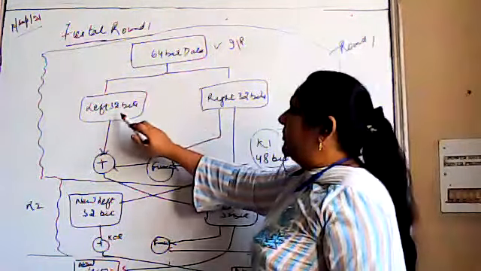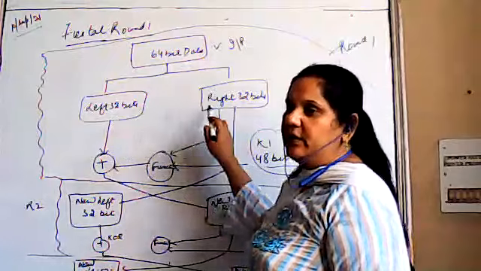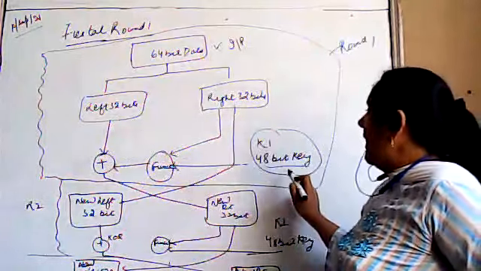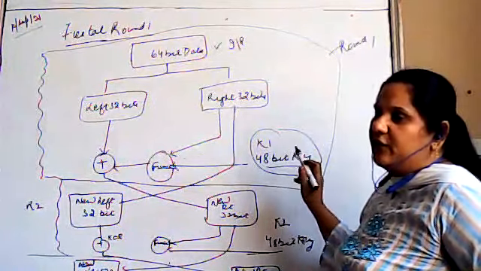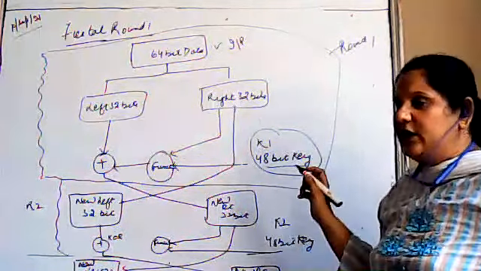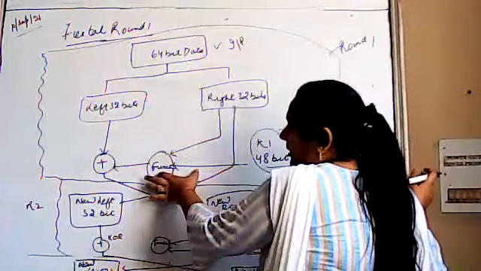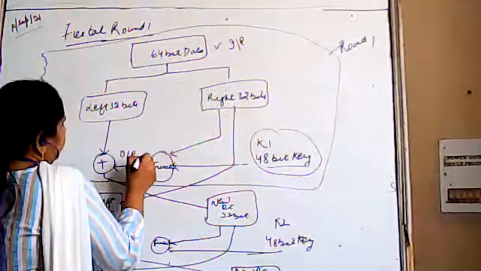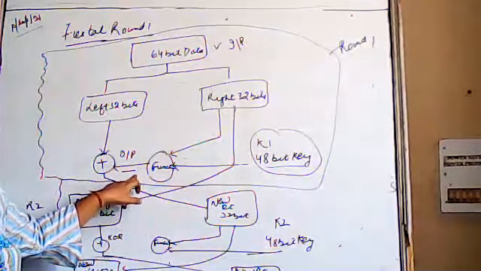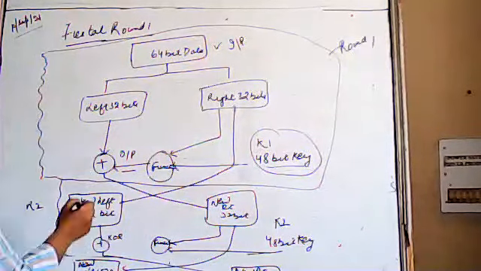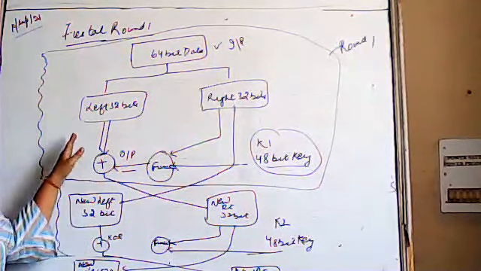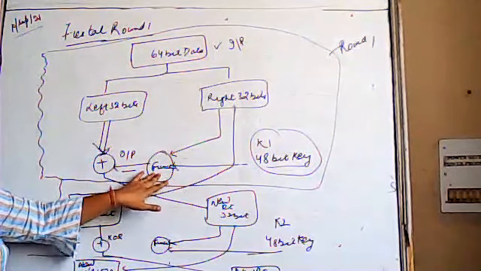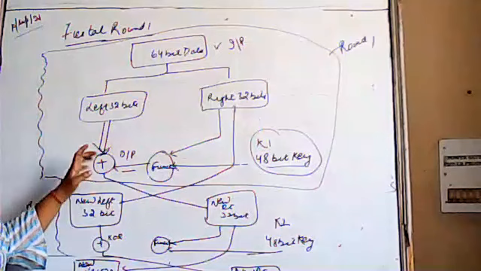So first of all, the 64-bit data is divided into left 32 bits and right 32 bits. Then this right 32 bits and the 48-bit key, which we have reduced from the 64-bit key initially, are applied to this function block. Now, whatever the output of this function block is, it is XORed with the left 32 bits.